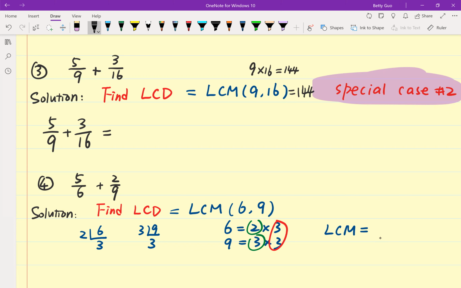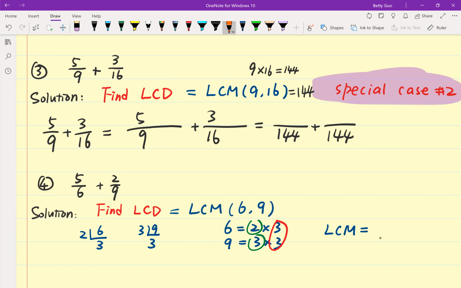So the least common denominator of the two fractions is 144. Now we are going to rewrite the two fractions as equivalent fractions with the denominator 144. How do we do that? We're going to use the multiplication property. From 9, how do we go to 144?